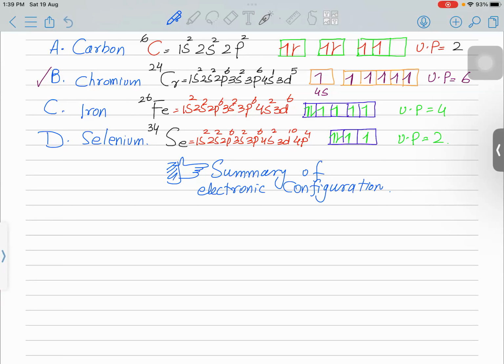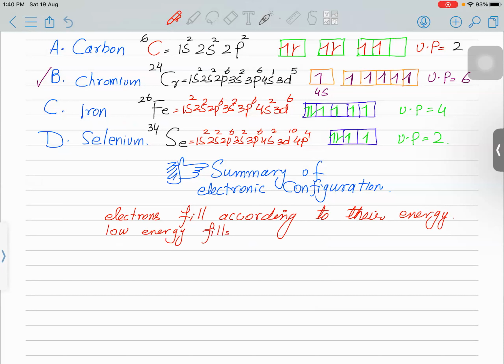Now always remember, electrons fill according to their energy. Low energy orbitals fill first.